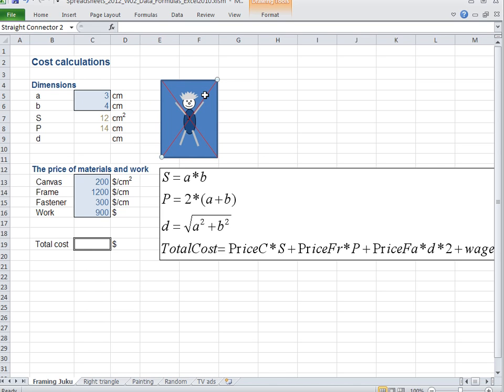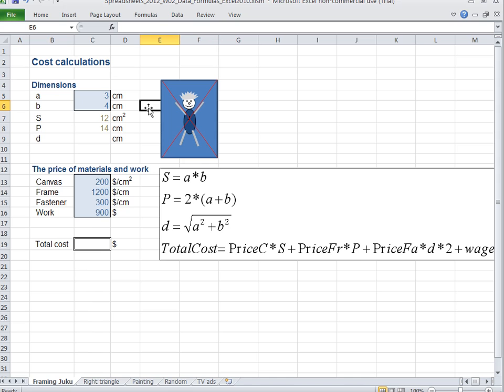Now, when we know 3 and 4 and want to calculate the diagonal, we apply the Pythagorean theorem, which says that if we write 3 to the power of 2, or 3 squared, we get 9. And when we add to it 4 to the power of 2, or 4 squared, we get 16, and 9 plus 16 is 25.